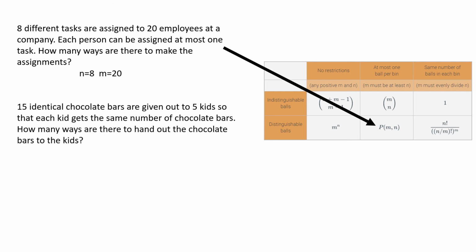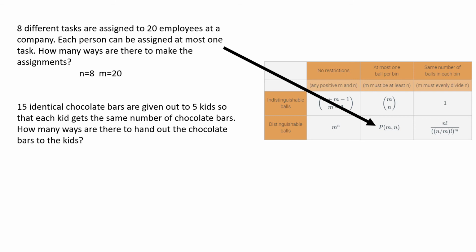Okay, here we've got 15 identical chocolate bars, and they're given out to 5 kids so that each kid gets the same number of chocolate bars. How many ways are there to hand out the chocolate bars to the kids? Okay, so we could again look at these kids as the bins, and we've got these identical chocolate bars that we're going to distribute.